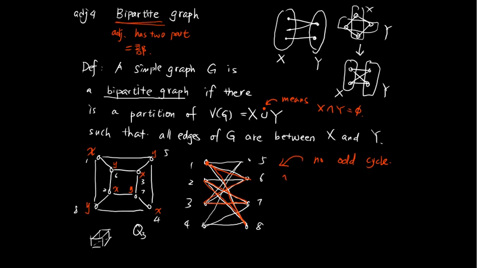You always go x, y, and come back to x. What is the length? The length is always even, because you have to come back to the x side. Right, so inside the bipartite graph, there is just no odd cycle. And there is a theorem saying that a graph is a bipartite graph if and only if it has no odd cycle. So it is the equivalent condition.